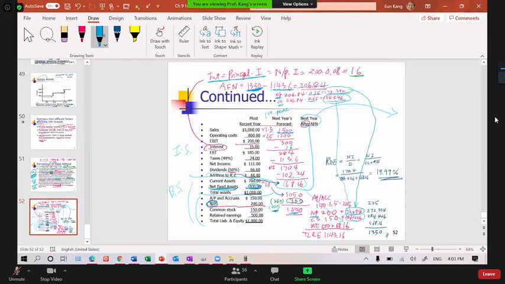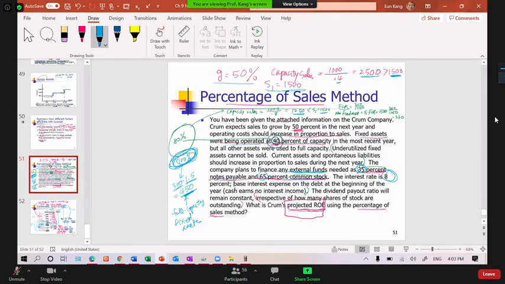Like we did, 300 divided by 1250. I don't understand where this 1250 came from. That is this one. Let me show you. Capacity sales is 80%, so 1,000 sales over the capacity. Oh, okay. I see. Thank you.